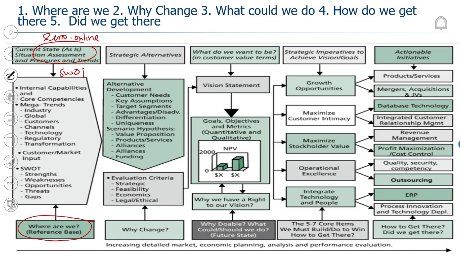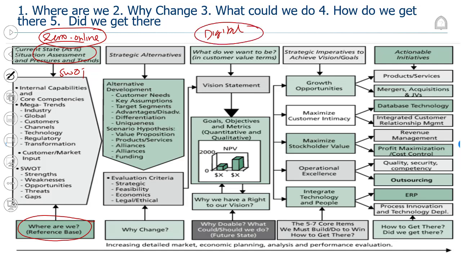Zero. Okay. Then let's say where we want to be. Where is to be? We want to go digital. So we are here where we don't have anything, and we want to go here.